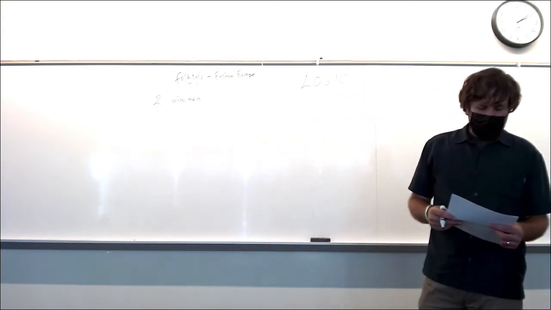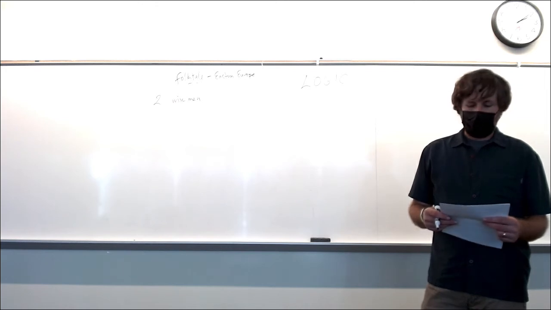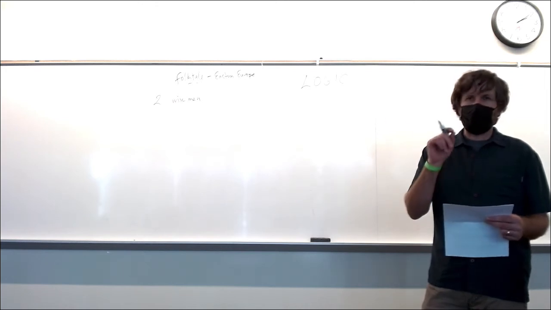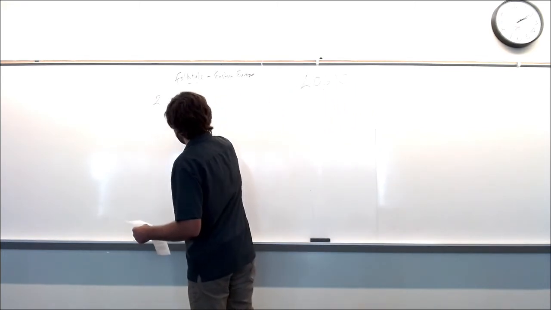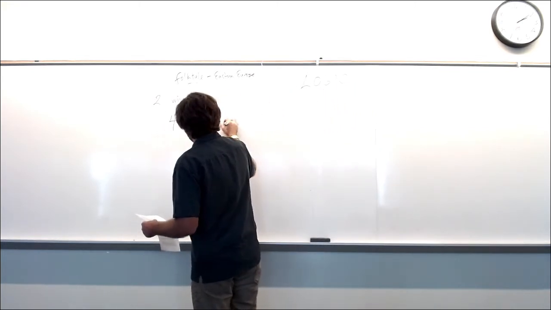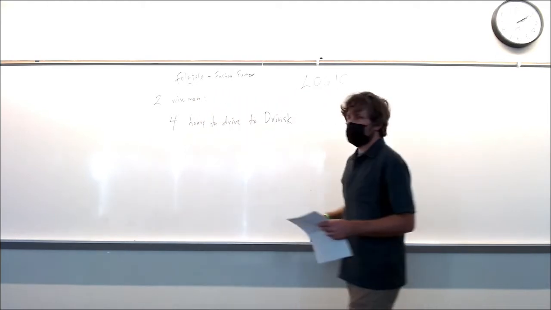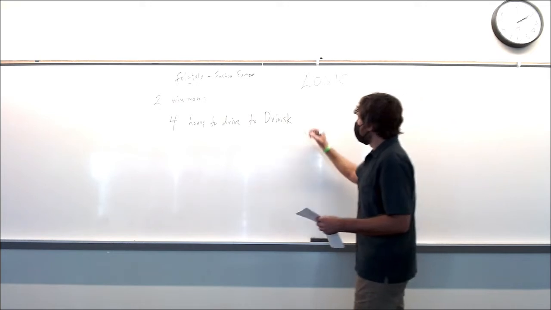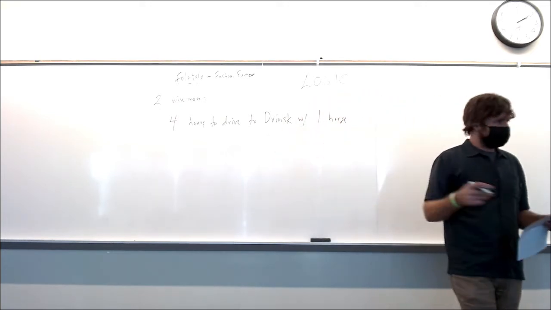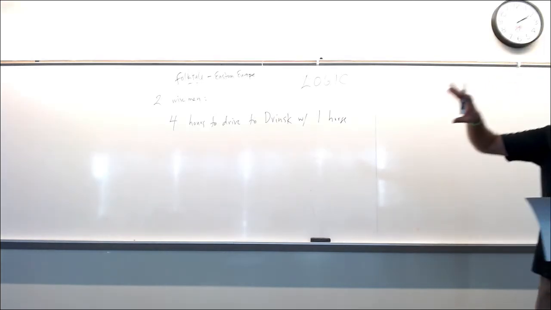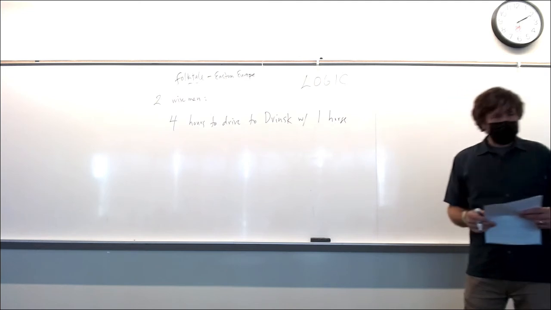The first one said, if, for instance, it takes 4 hours to drive to Dvinsk, that's a city, with one horse. Can you imagine that? You're going to Dvinsk in some kind of wagon with one horse, and it's going to take you 4 hours.